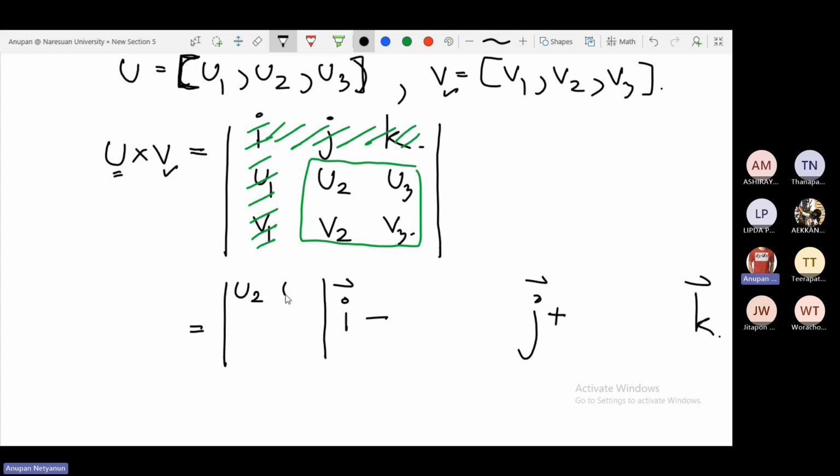U2, U3, V2, V3. Okay. And then again, same idea.